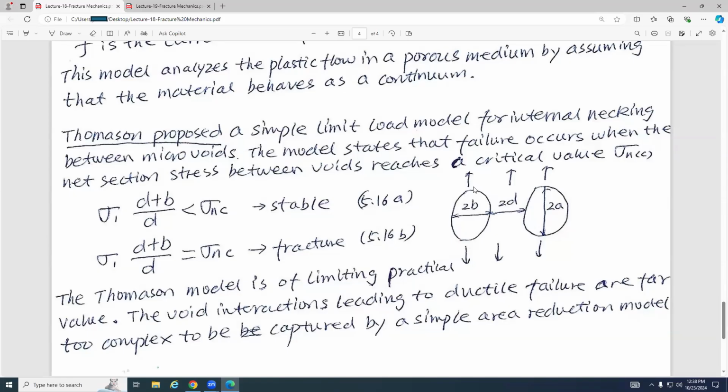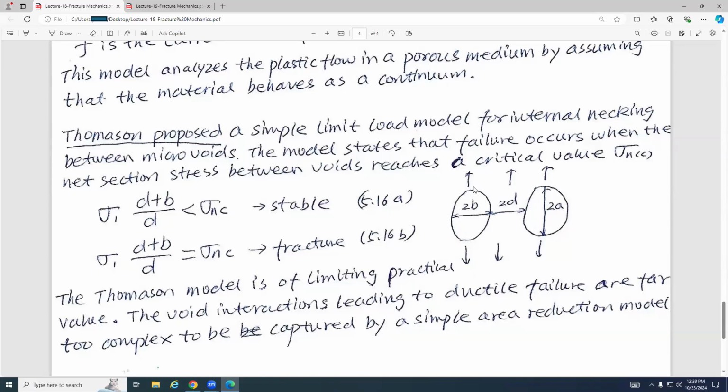D plus B divided by D. If this is less than the critical stress value at the net section, okay, no crack.